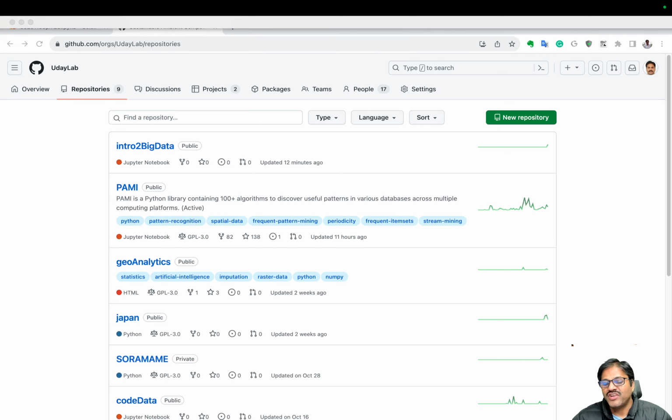For demonstration purposes, we are going to use the air pollution data generated by a sensor in the AEROS system. You can find the data in my GitHub repository. So please come to my GitHub page and check the repository Introduction to Big Data.